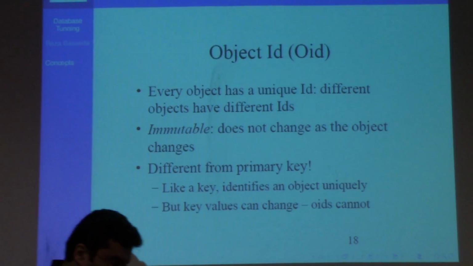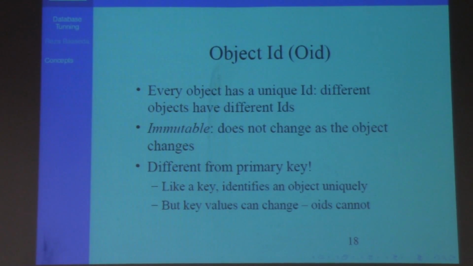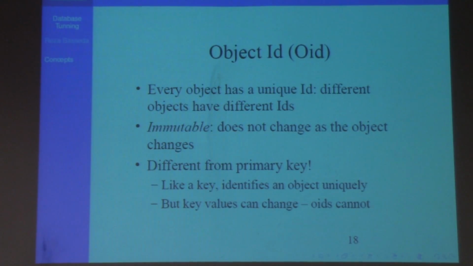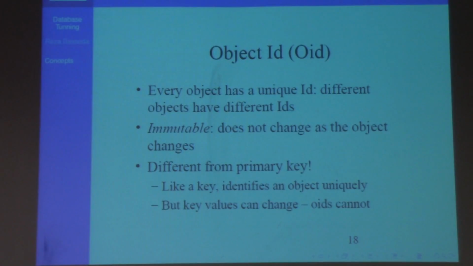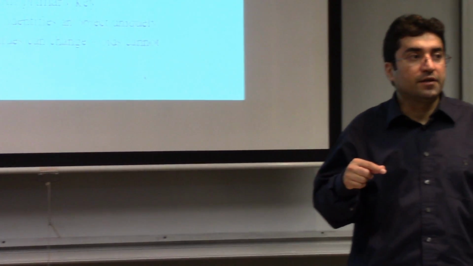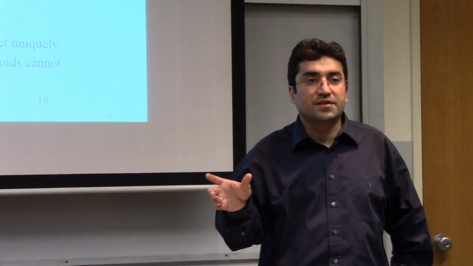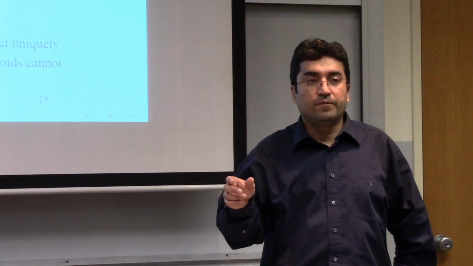So one more thing is in Java. Let's just jump to Java for a second. In Java, also each object has an ID, right? Each object has an ID, and that ID is immutable, right? Okay.